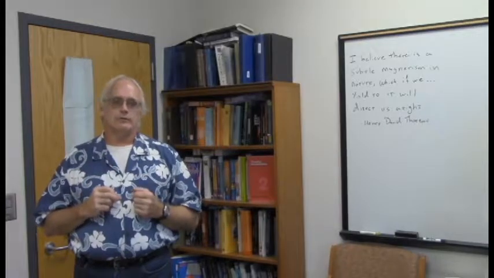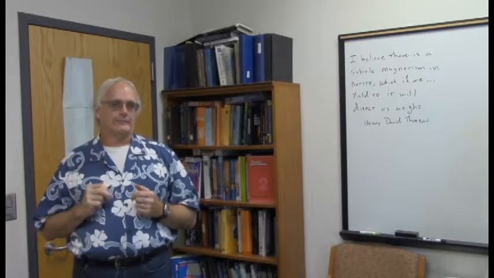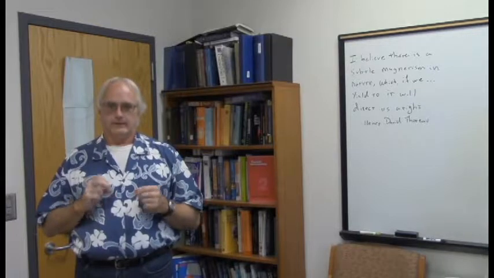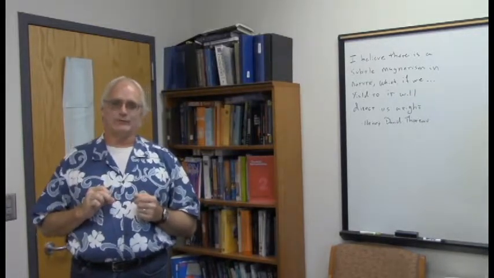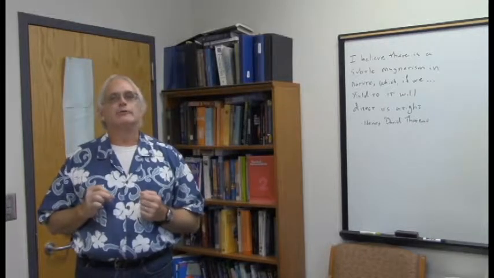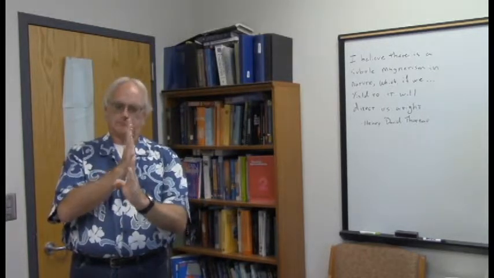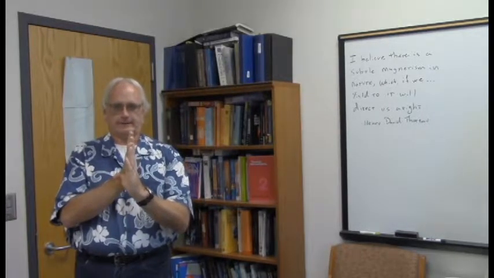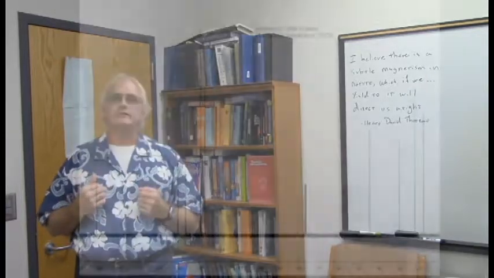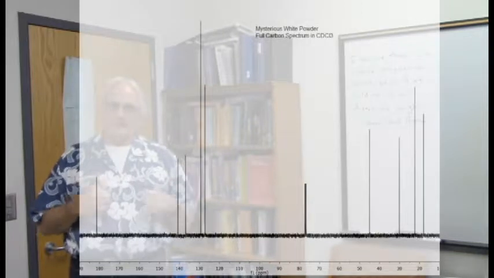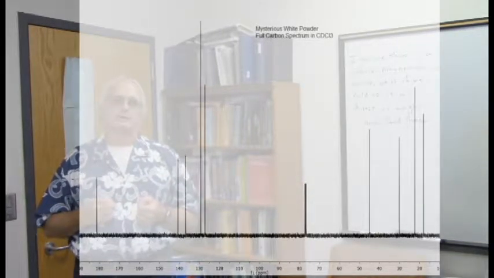Now, I've done an earlier video on the carbon spectra of ibuprofen. It turns out there's actually a challenge in the ibuprofen carbon spectrum. Two of the carbons are completely overlapped in that molecule. And so when you count the number of carbon peaks versus the number of distinct carbons you should see in the molecule, it appears you're missing one.